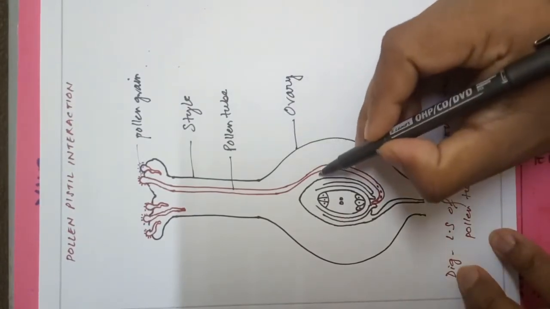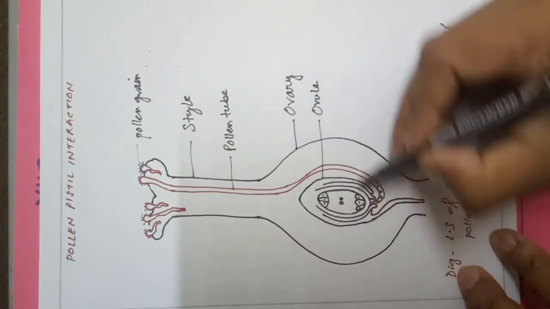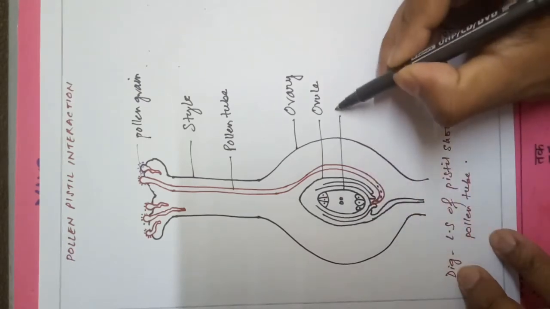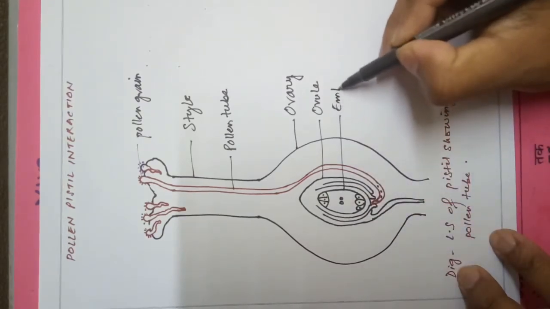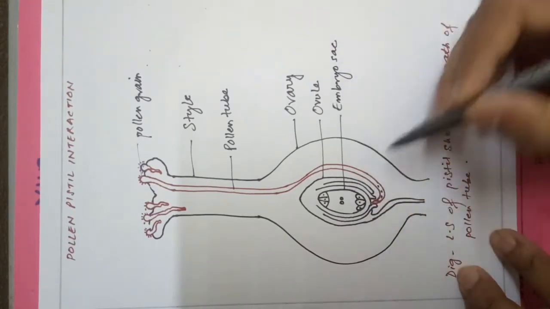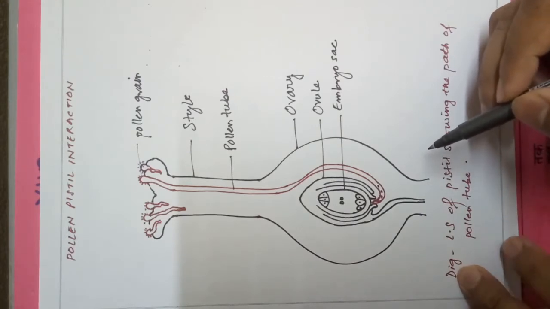Inside the ovary we have this structure called the ovule, and within the ovule this structure is the female gametophyte or embryo sac. I hope you all know these structures. I have talked about the structures in my previous videos.